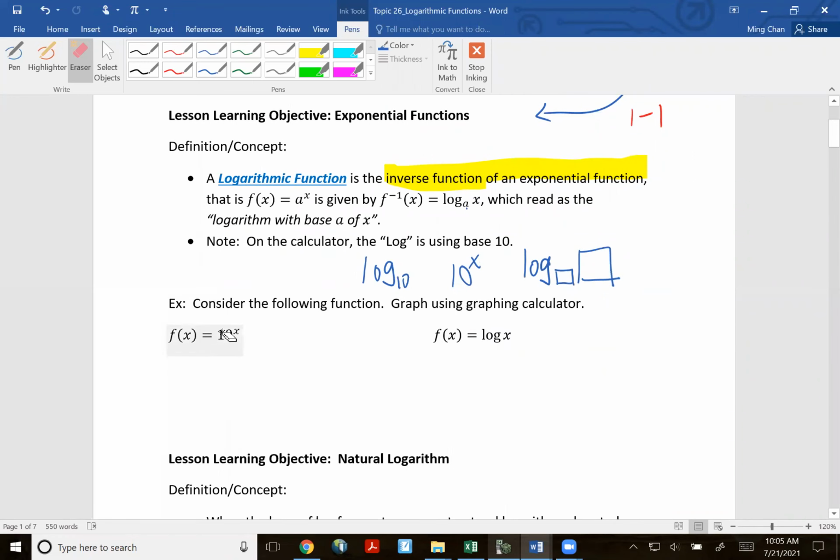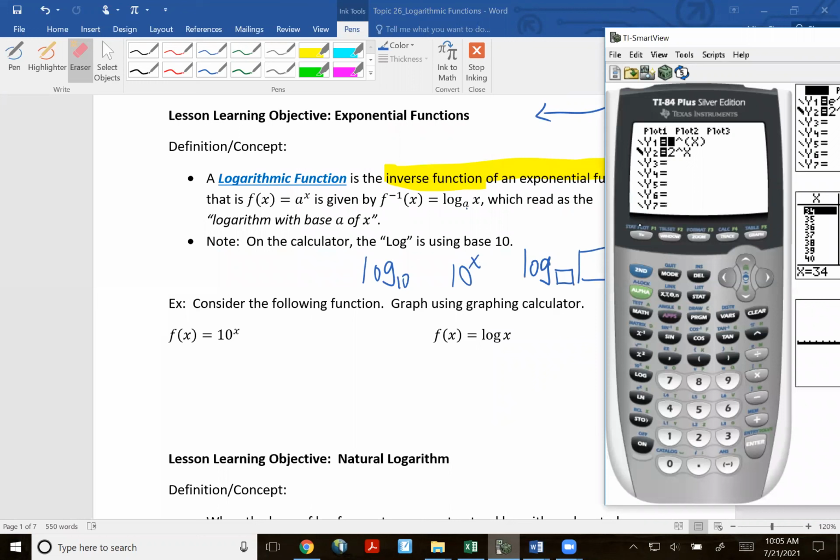All right, so let's graph some of these. I'm going to graph 10 to the x, then I'm going to graph log of x, so you can see the two graphs that are inverse to each other. To graph 10 to the x, I simply say 10 raised to the x power, or I can use that second log. For log of x, when I press the word log, it automatically gives me a parenthesis. What's inside the parenthesis is what the log is taking.